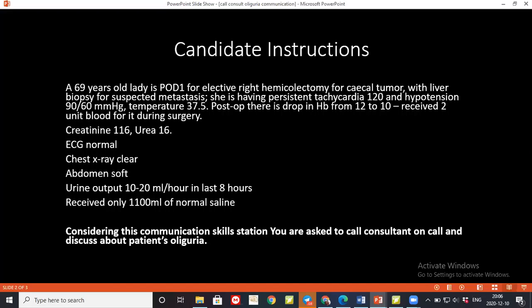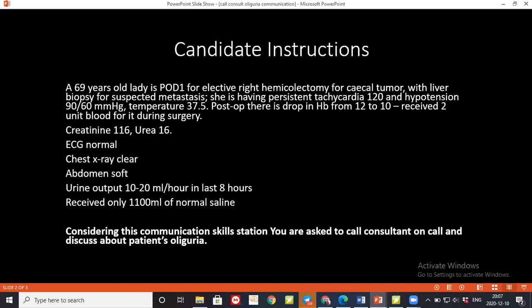Clinically, she is tachycardic and hypotensive, and her temperature is slightly raised. Her blood shows that hemoglobin dropped from 12 to 10, urea is moderately raised, and creatinine is slightly raised, borderline high.